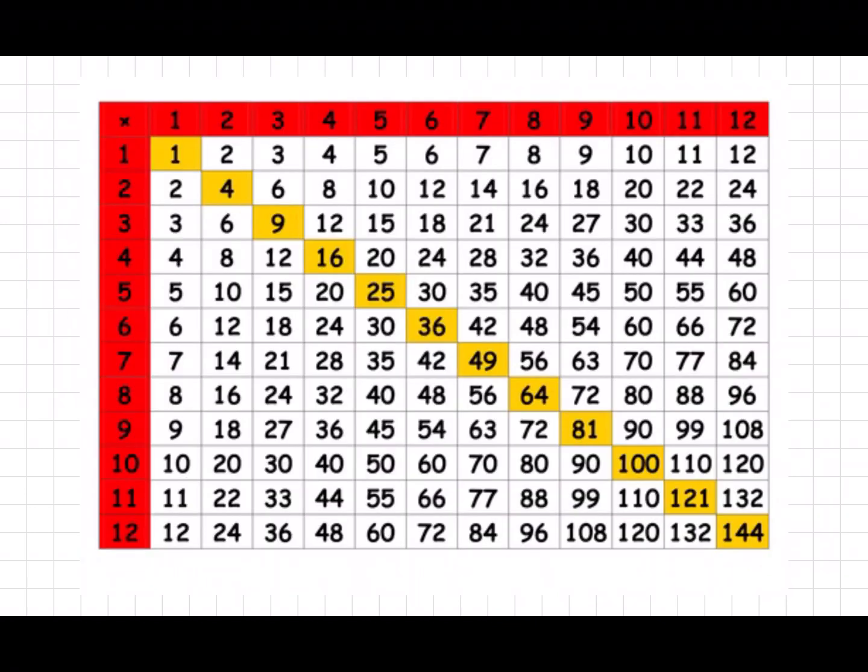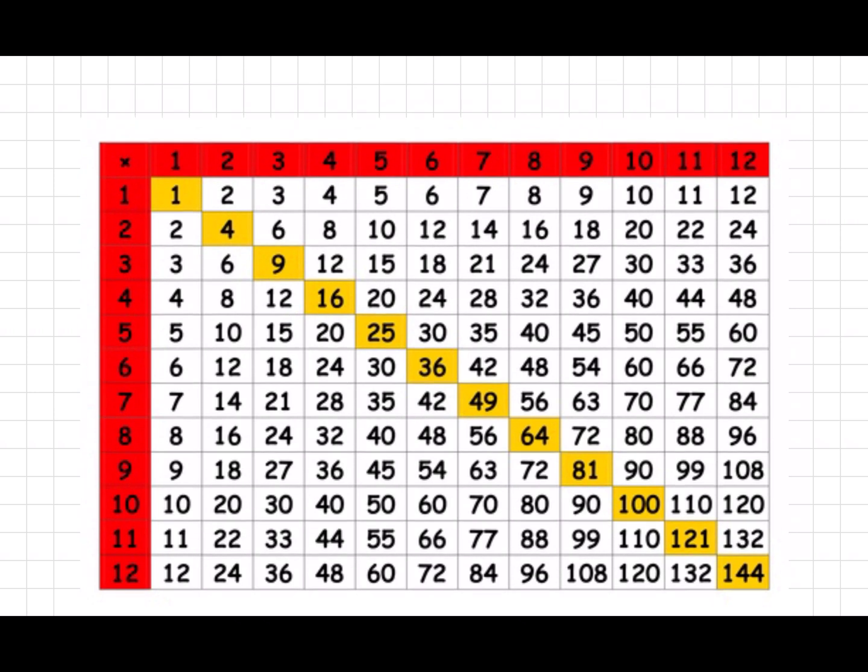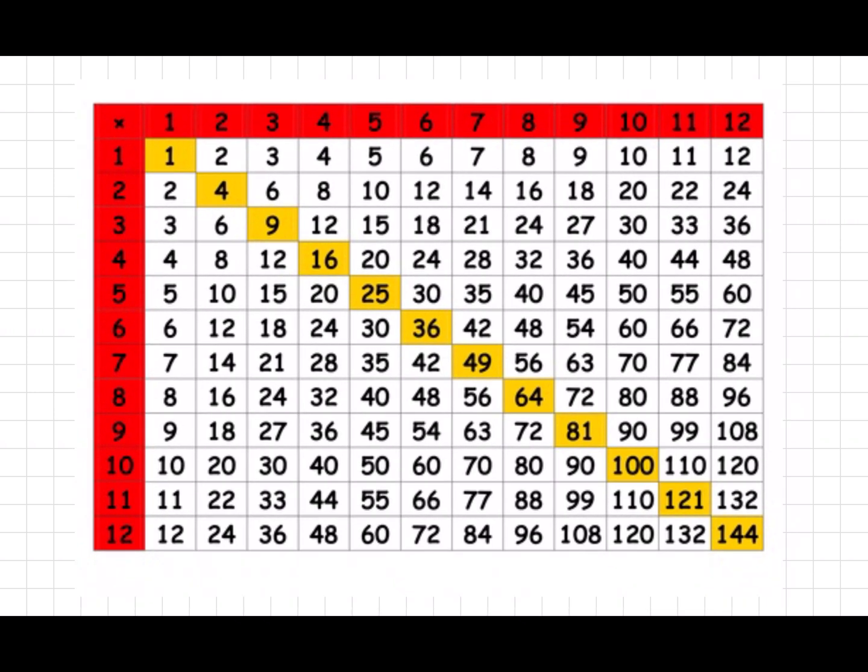On your times table square, you'll be familiar with this particular square because it's in the front of your maths books. The square numbers, when we read our times table square, if you remember, we read up and we read out.